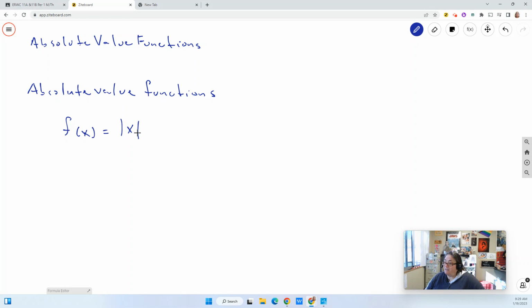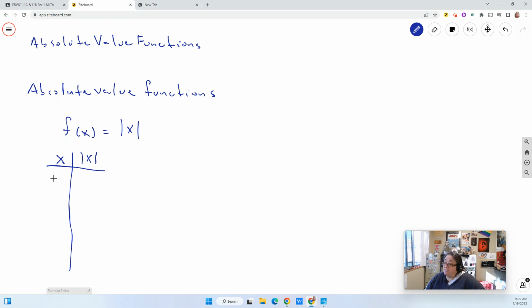So say I have a table with x, and then f of x, which in this case is just the absolute value of x, because that equals f of x.